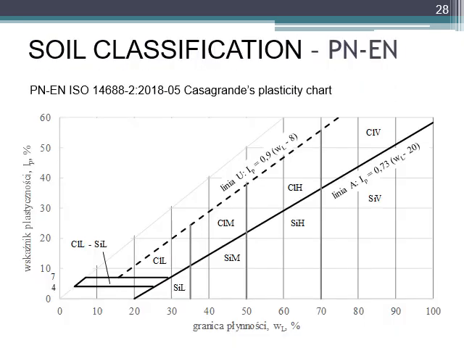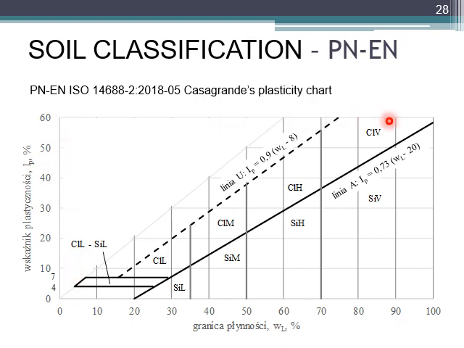As you hopefully remember from the previous semester, the results of the Atterberg limits can be used to classify fine soils. So here we are using the Casagrande plasticity chart, which depends on the liquid limit and the index of plasticity.